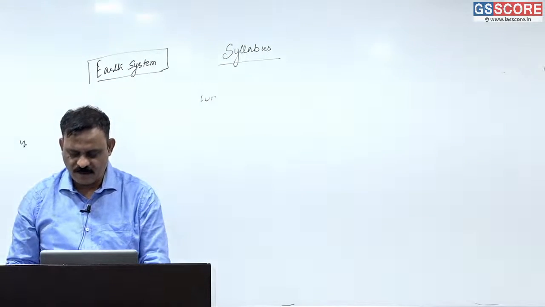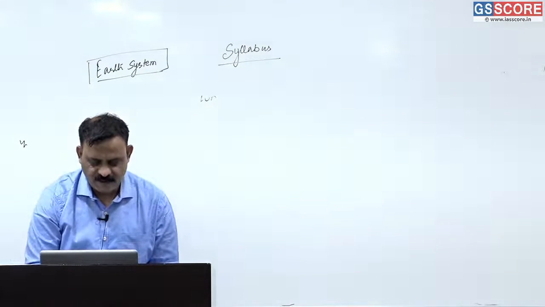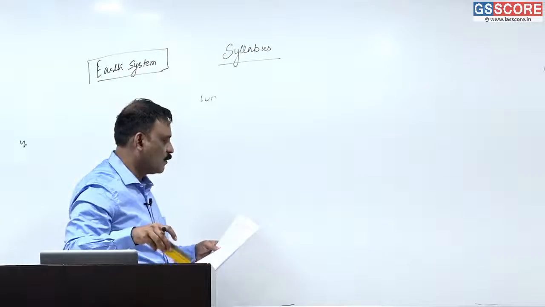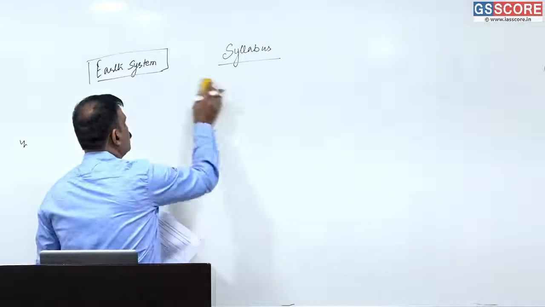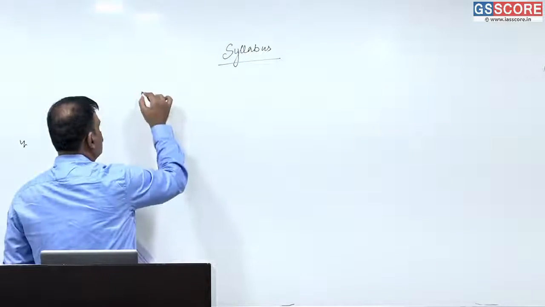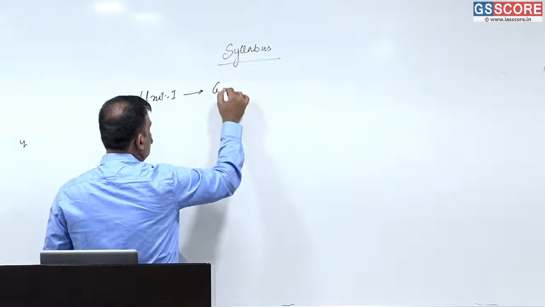So I would just help you to have some basic understanding on this topic of geomorphology. Your first topic is related to geomorphology. So this is your unit 1, and this is your geomorphology.